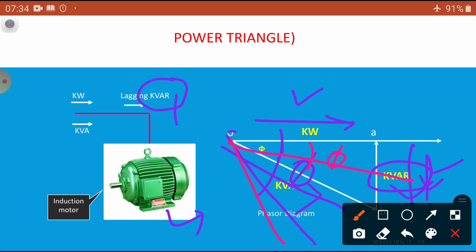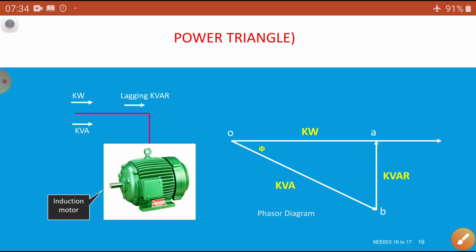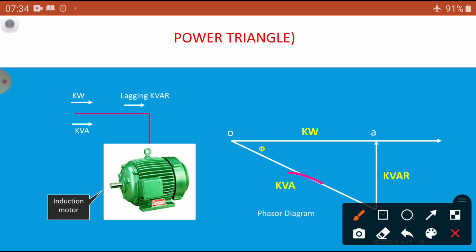That means this voltage and this current should be in phase. Then we get UPF. This should not be the maximum 90 degrees, leading or lagging. So actually we try to maintain this kVA in the same direction. That is UPF.